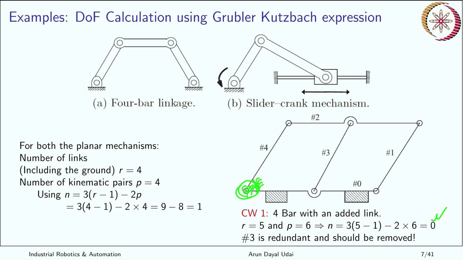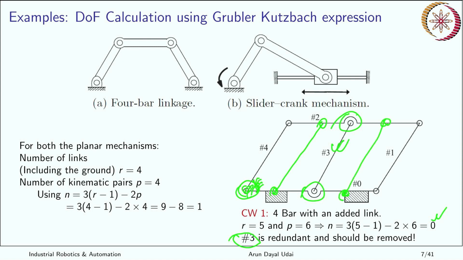So this is what I am talking about. What is here is this number 3 link. This link with both these joints is redundant, and that should be removed before you start calculating degrees of freedom. You can have many such supports here.